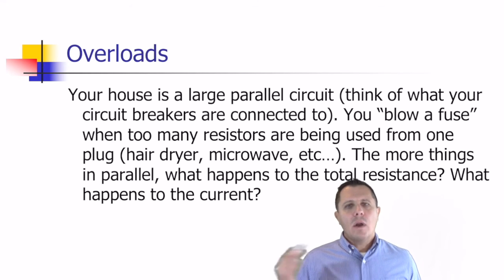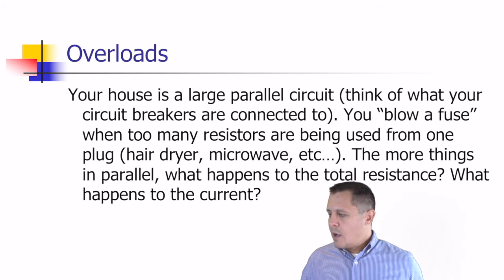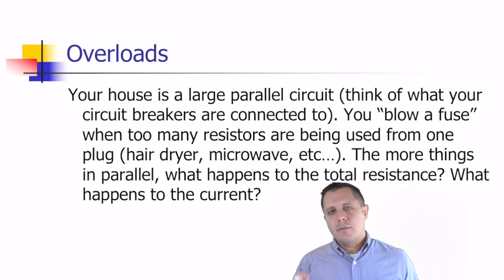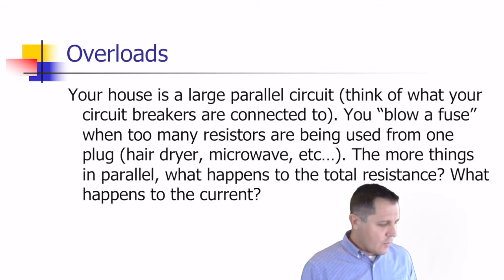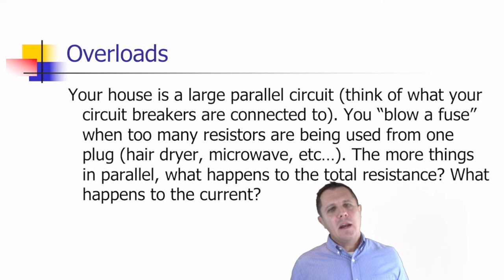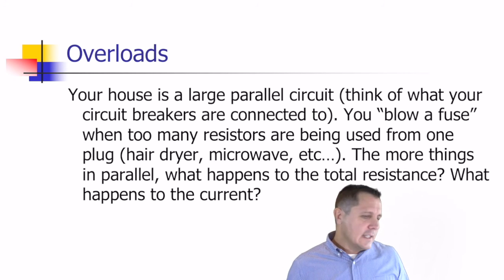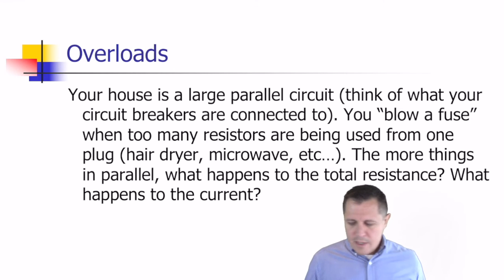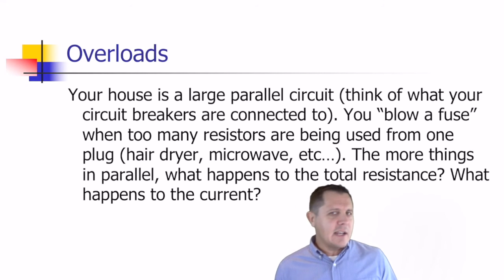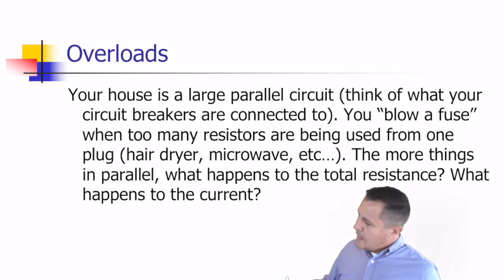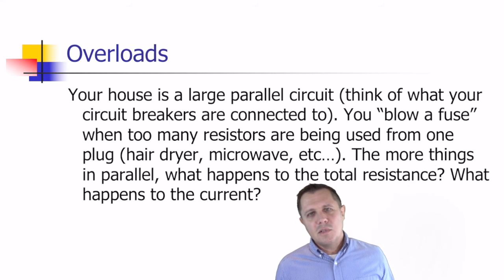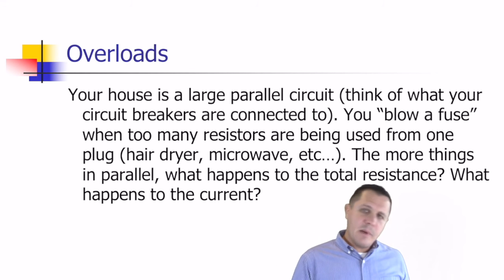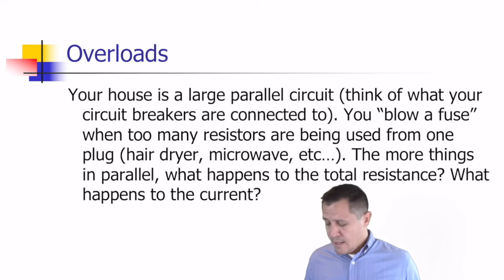Now, what about the other part of it? If you're in your house and you wire a bunch of stuff onto one circuit, let's say you're in one room, getting ready to go out for the night. You're in the bathroom and you've got the hair dryer plugged in, you've got your curling iron plugged in, you've got a stereo because you want to listen to some music, you've got a toaster oven because you might want a hot pocket when you're getting ready.